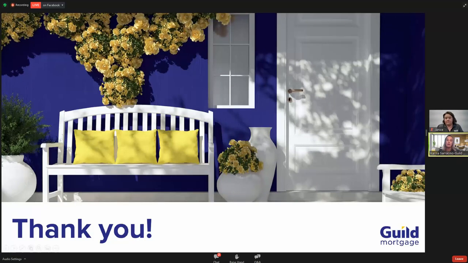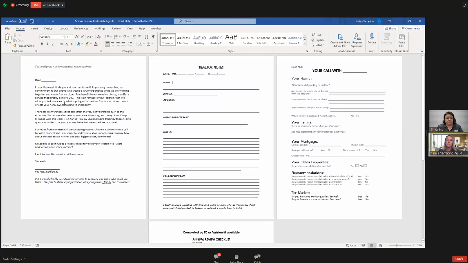What I'll also show you guys is something to go with your annual reviews. We have a really helpful template that we will share with you if you drop your email in the chat. It starts with a letter that you can send out to your clients, and it'll be in Word format, so you can edit it to tailor it to yourself. You can send this letter out, and it says that you're going to be scheduling your annual review with them.